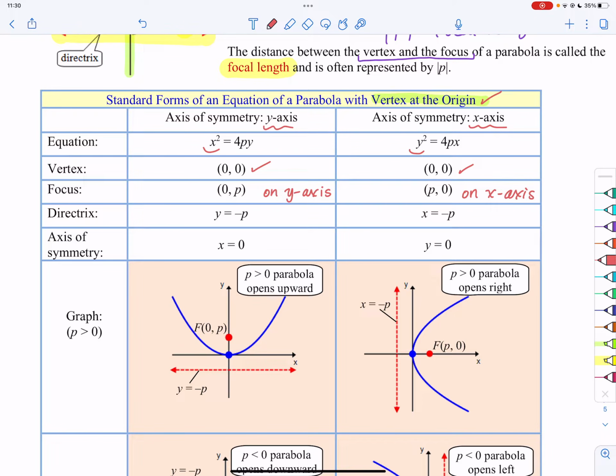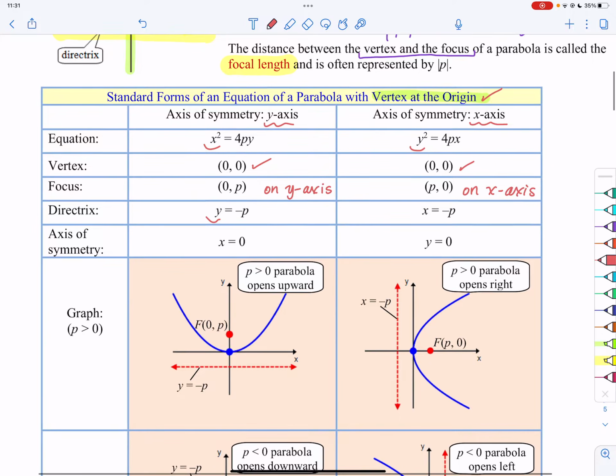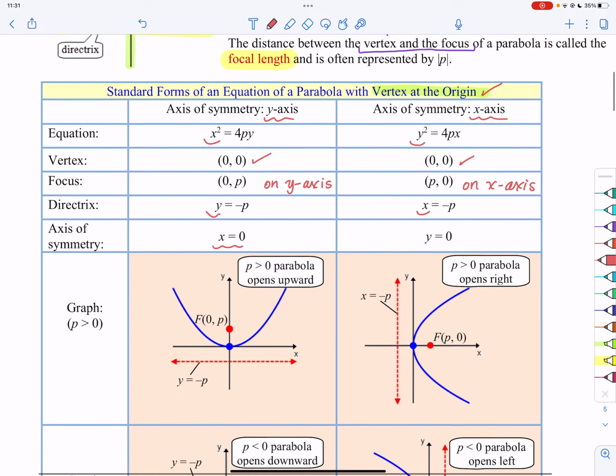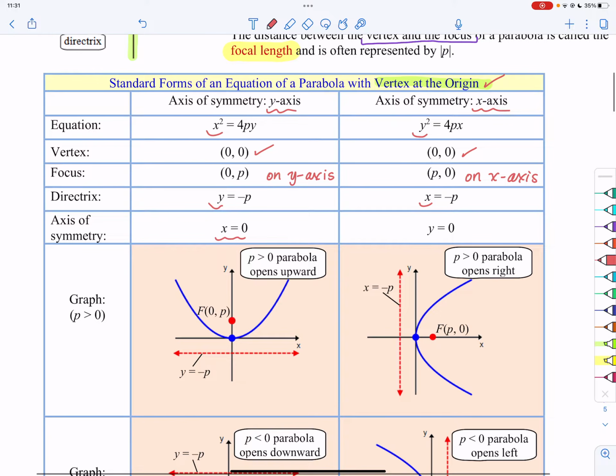Our directrix is y equals negative p and x equals negative p. Axis of symmetry, x equals 0, and that is the equation of the y-axis, and y equals 0 is the equation of the x-axis.